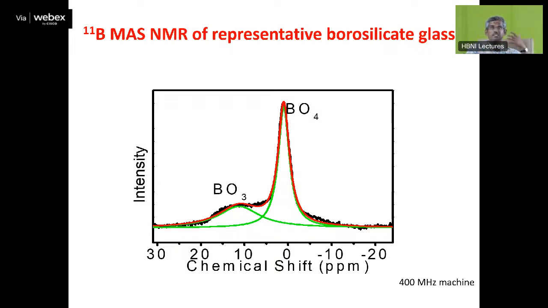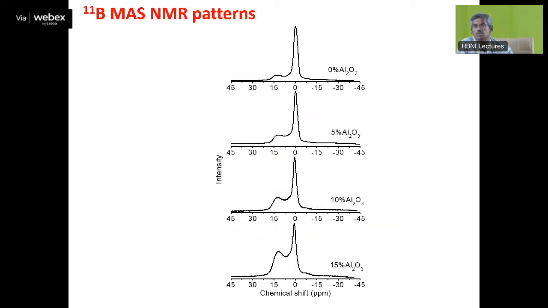So in glasses there is something called the boron anomaly. This boron anomaly is nothing but that with a change in the boron concentration, there is a change in the thermophysical properties of the glass. And that change in thermophysical properties is brought about by the relative changes in the BO3 and BO4 configuration. This can be easily monitored with the help of B11 MAS NMR. So that is the purpose of doing this NMR.